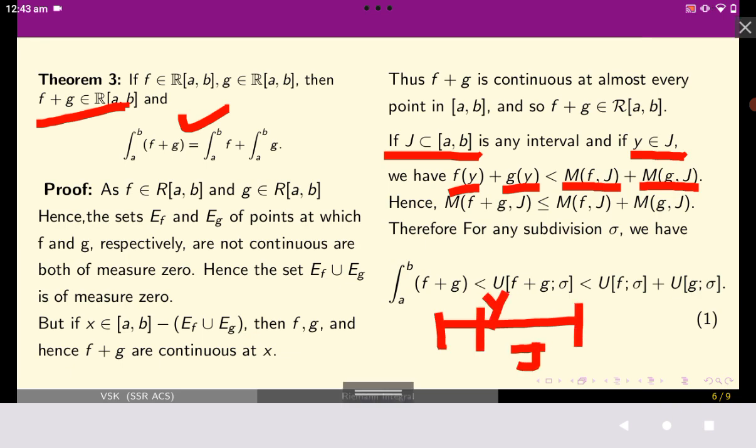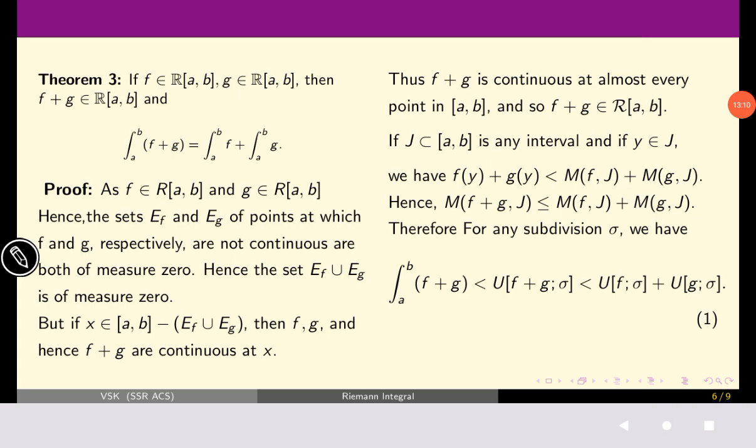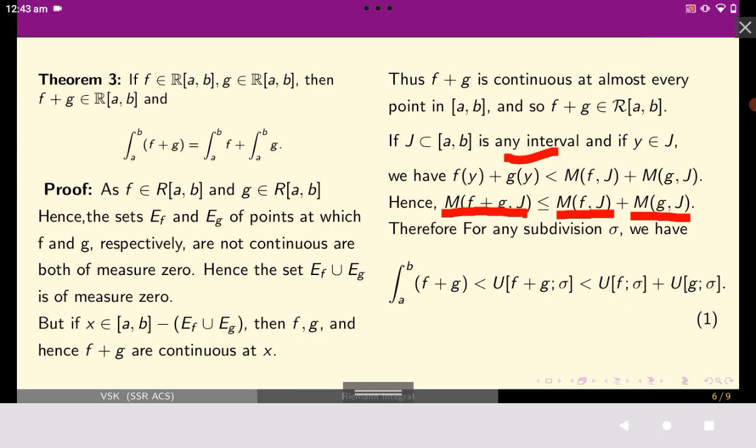So f(y) plus g(y) will be less than or equal to the supremum values of f and g. Hence, because this inequality holds for any y, the supremum of f plus g over J will be less than or equal to the supremum of f over J plus the supremum of g over J.